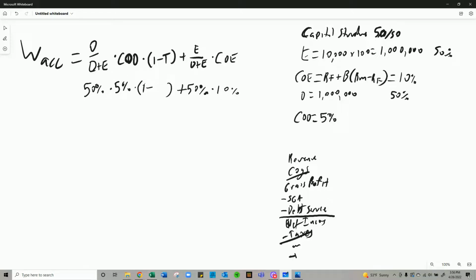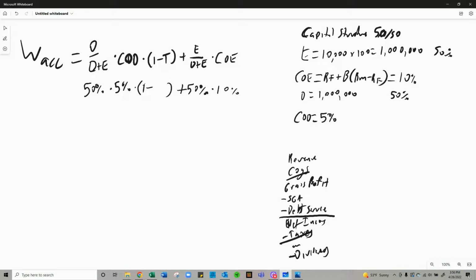Then minus taxes, and then you get down to a final number here, and then minus dividends. So you think about it, where do taxes come in? Taxes come in down here. So debt is paid out before taxes, and dividends are paid out after taxes. What that means is it's actually cheaper to finance with debt than it is with equity, because you get to write it off as an expense before your taxes.